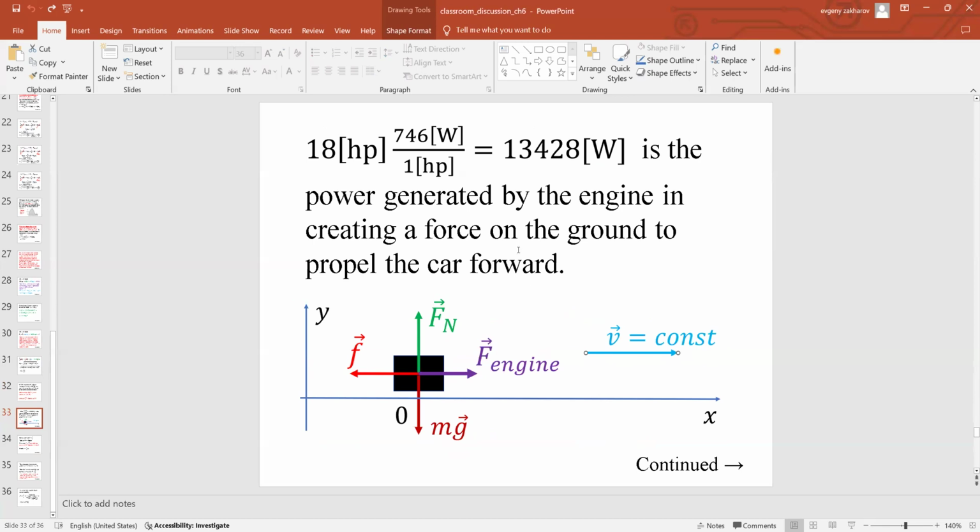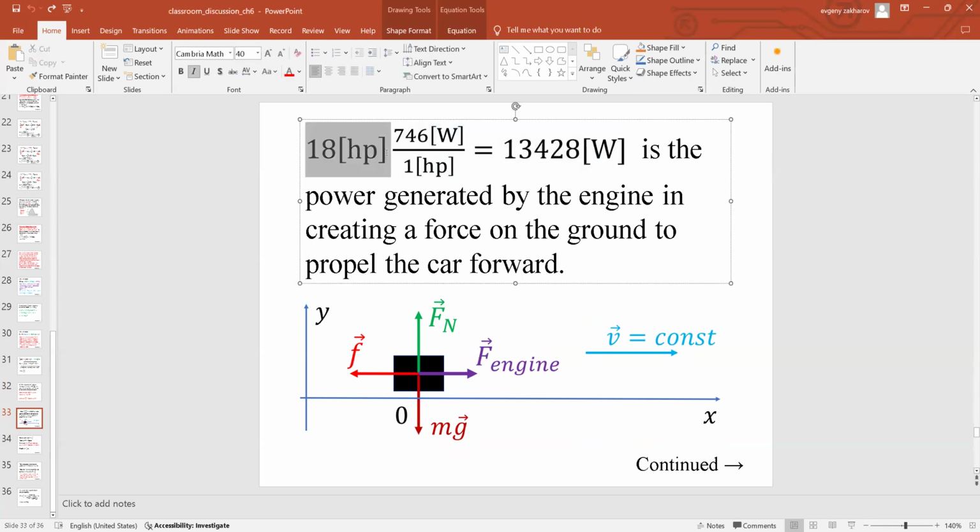So that's what's given. And your horsepower, this is the conversion factor that we haven't discussed in lectures, but now you have it here in the classroom discussion. 1 horsepower is approximately 746 watts. Remember, those watts are joules per second. This is how much energy is transferred to or from a system per unit of time.